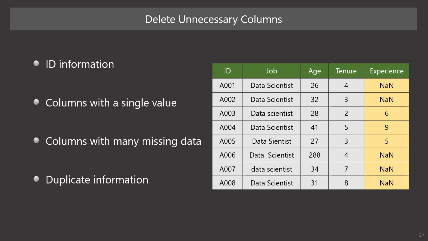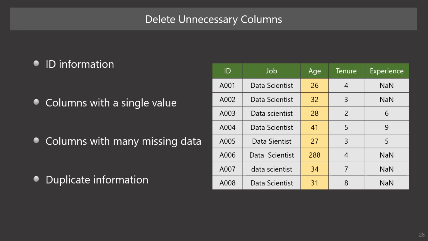In this case, the column experience contains many missing values, so it can be deleted. However, we should remember the basic principle. We should avoid deleting as much as possible so that we can keep the information as much as possible. So, if a column contains some or many missing values, first we need to impute them with proper values rather than immediately delete them.